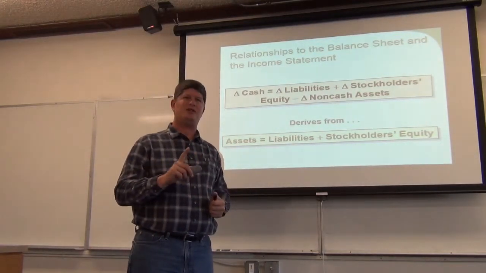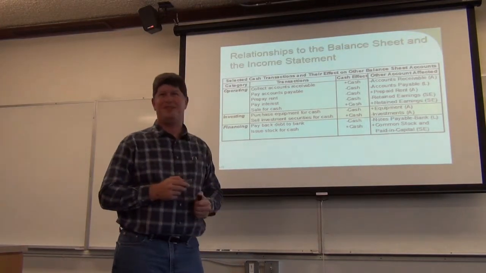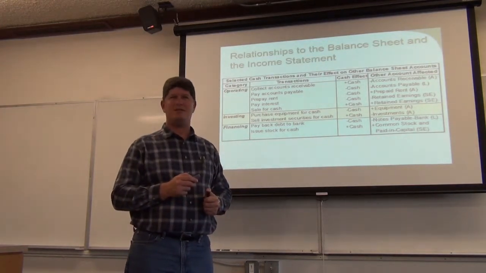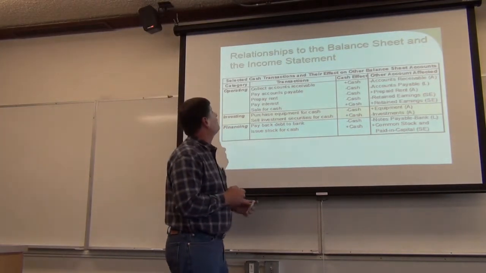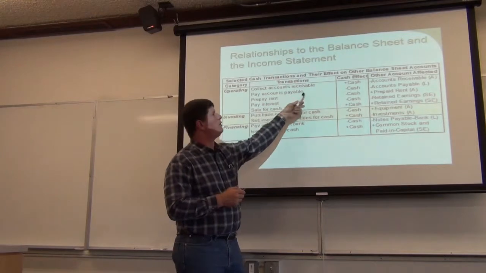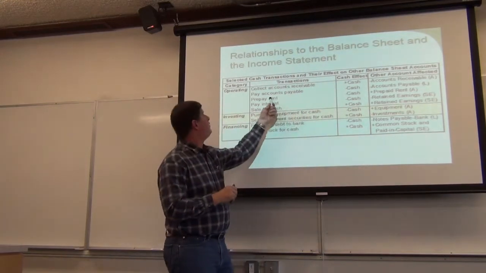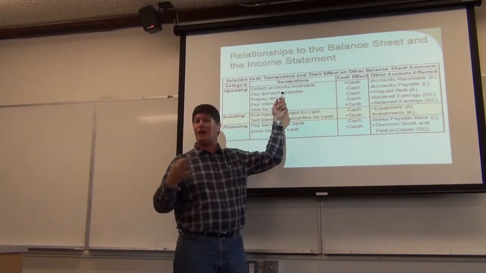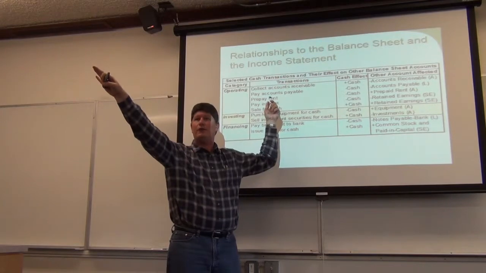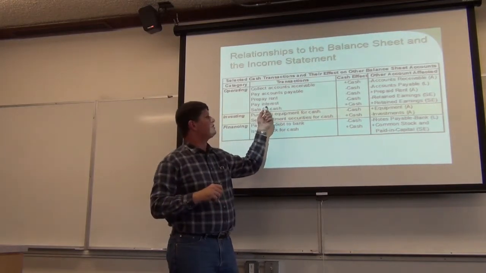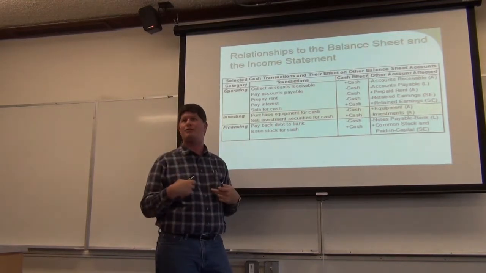I'm going to try and teach it to you a little easier than that, hopefully. Here's the rest of the formula. I'm even going to skip it because it's in the book and you can go read it if you want. But you have to remember that collecting accounts receivable increases cash. Everybody knows that, right? Paying accounts payable decreases cash. Cash goes out the door. Paying rent, cash goes out the door. Paying interest, cash goes away. Selling something for cash, we get cash.